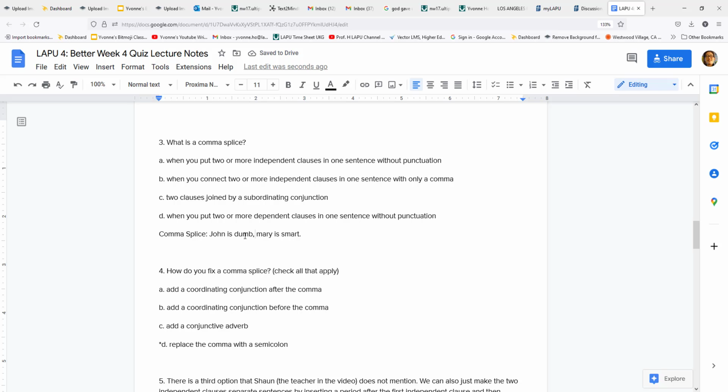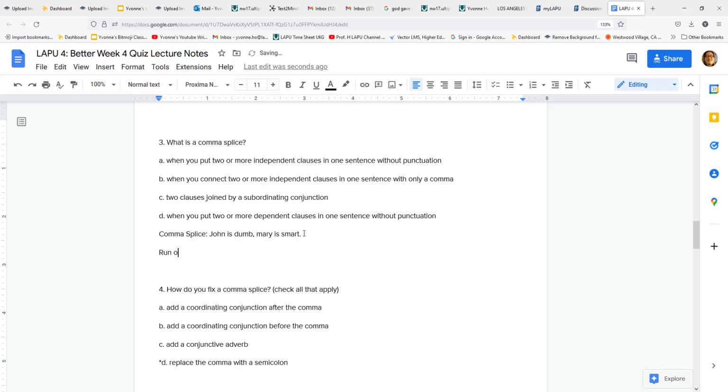You have to put a period here. A run-on sentence is something like this. John is dumb Mary is smart. In other words, there's no punctuation whatsoever. That's a run-on sentence. A comma splice is when you have that unnecessary comma in the middle, and then a run-on sentence, simply there's just no punctuation whatsoever.